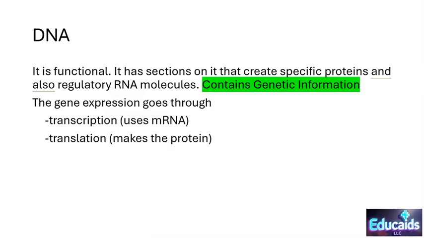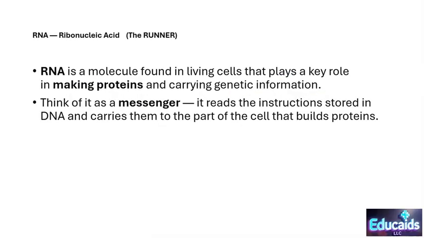The gene expression goes through transcription, so it uses messenger RNA, and translation. It makes the protein. RNA, nucleic acid. Think of it as the runner. RNA is the molecule found in living cells that plays a key role in making proteins and carrying genetic information. Think of it as a messenger.